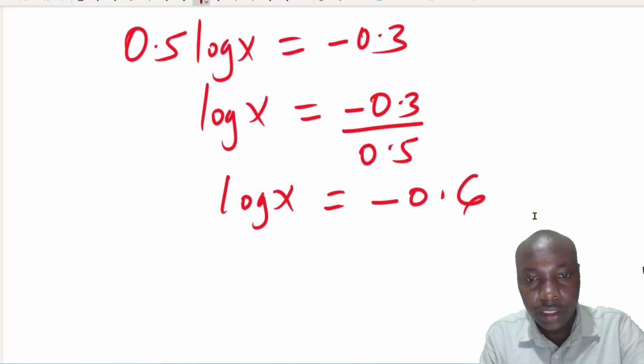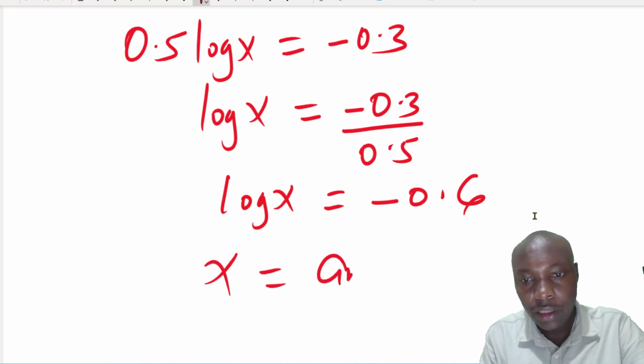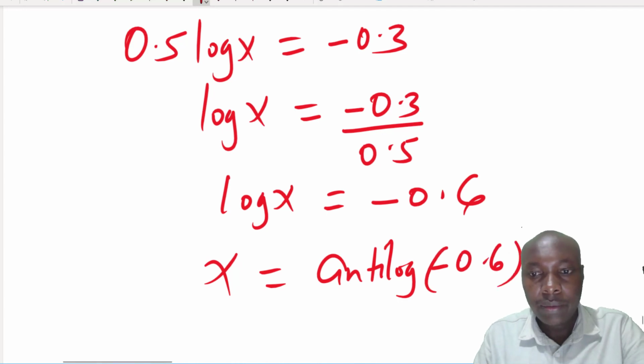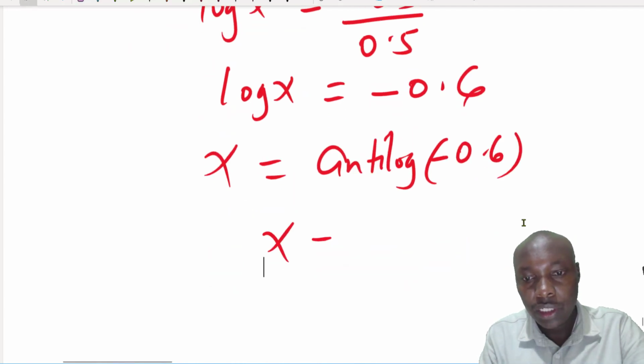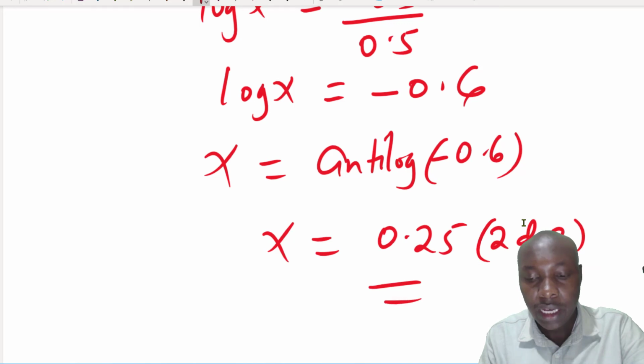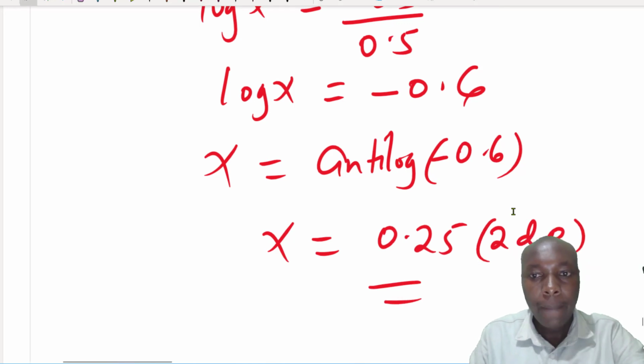How do you get x? X will be given by the antilog of negative 0.6, and this will give 0.25 to 2 decimal places as the length of the pendulum.